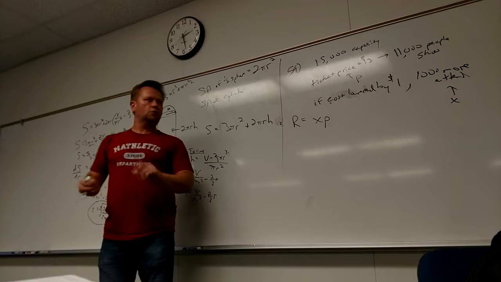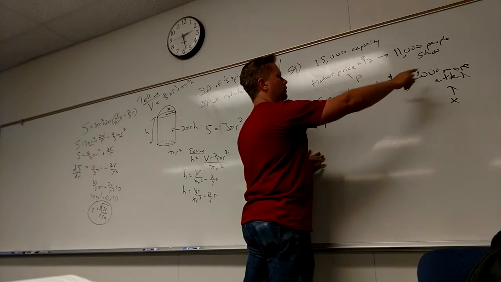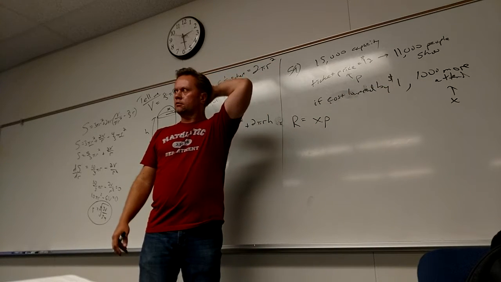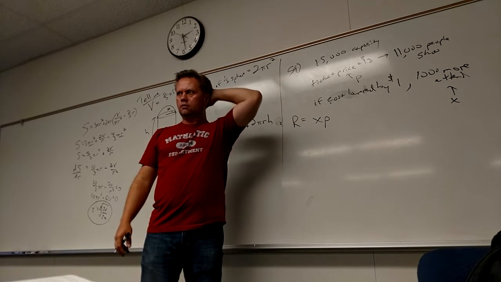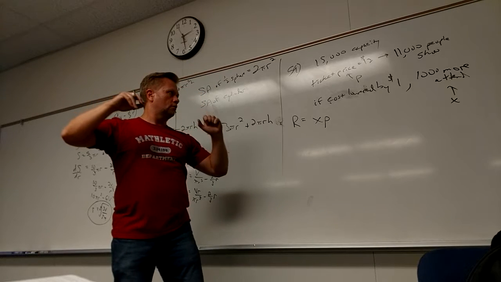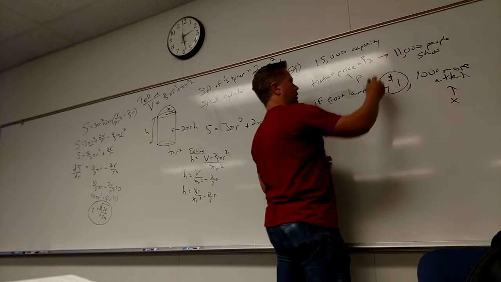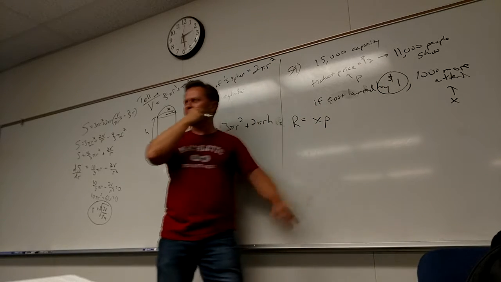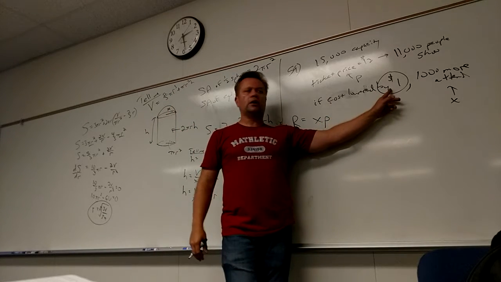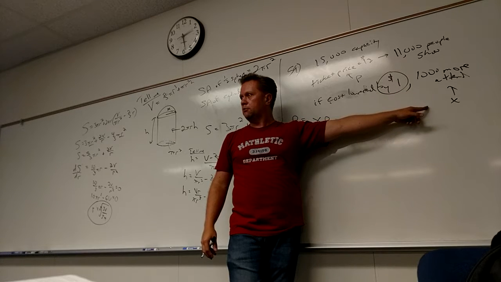Now, how do I capture this whole idea, if cost is lowered by $1, then 1,000 more people attend? How do I capture that? Well, how many of these units am I going to change it by? I could change it. If I lowered it by $2, then 2,000 more people will show up, right?